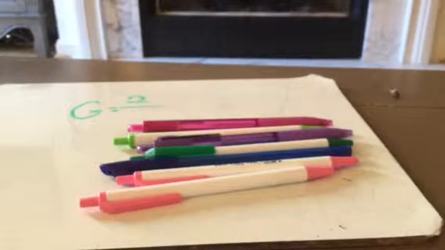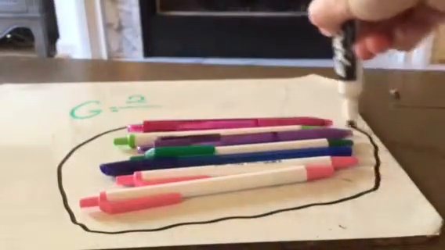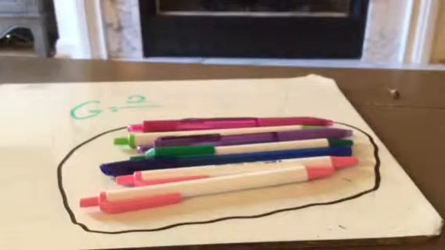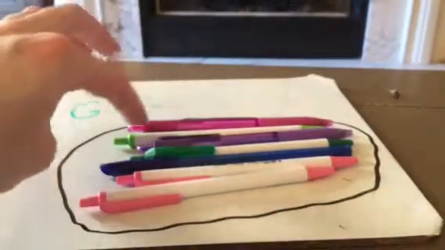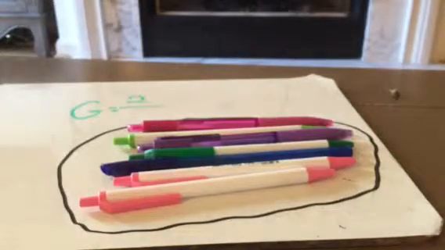Well, this is a little different. I'm going to think about my whole as the whole set of pens, or the whole group of pens. So how many pens do I have here in my group? I have 1, 2, 3, 4, 5, 6, 7. So my denominator is 7.